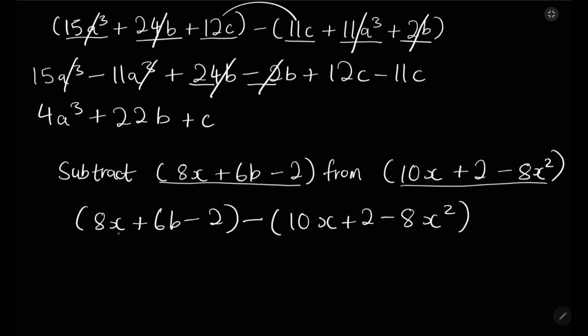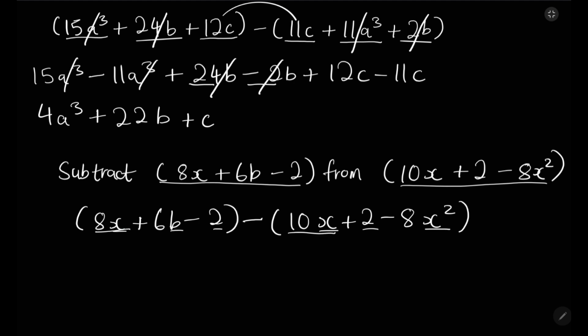Okay, so let's check if we have any like terms in the first bracket. We have 8x, b, and 2. We don't have any like terms. In the second bracket, we have x, 2, and x to the power 2. So we can calculate across our bracket. Okay, 8x, do we have a like term?